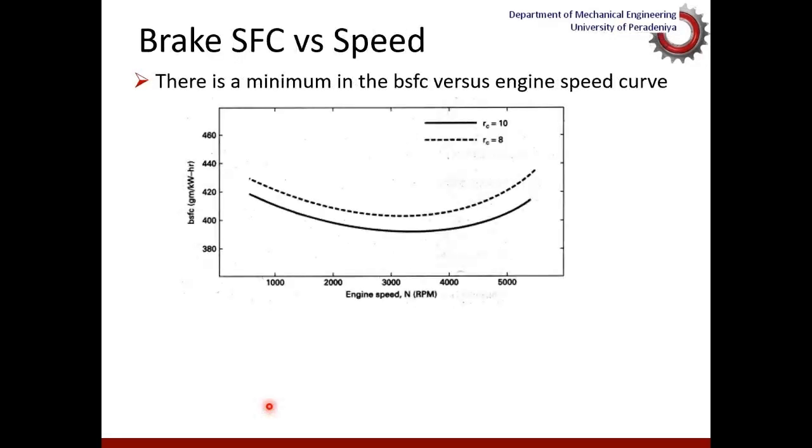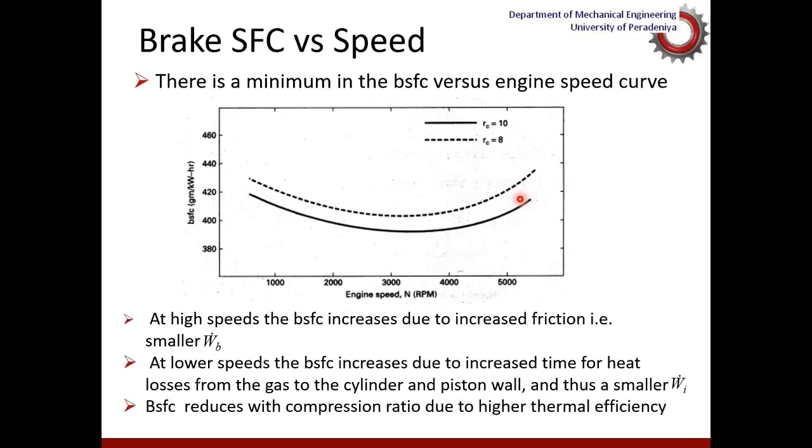This graph shows us the variation of brake specific fuel consumption with the engine speed. So you can see at low speeds, brake specific fuel consumption is high, as well as at high speeds. The reasons are, at high speeds, the friction increases, the viscous friction increases, therefore the fuel consumption increases.